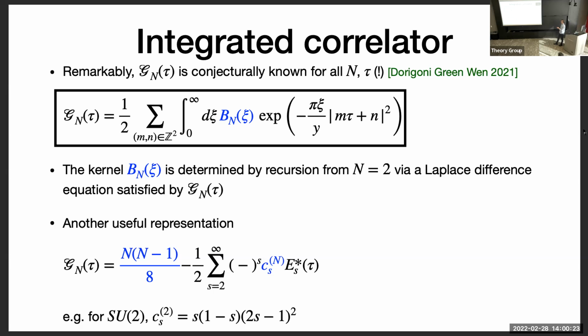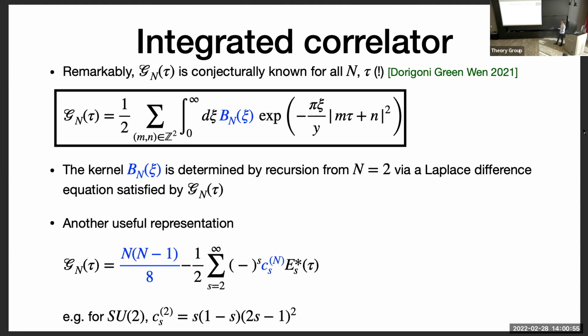I want to emphasize how remarkable it is, how simple this formula is, because the complexity doesn't really grow with N in any way, other than the fact that the degree of the polynomials in the numerator and denominator grows. In localization, you're integrating over the Cartan of SU(N), so that gets more and more complicated as you crank up N. So there's this representation which they conjecture and tested against as exhaustively as they could.